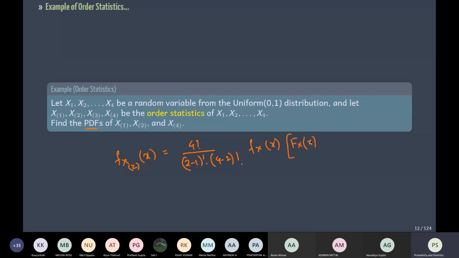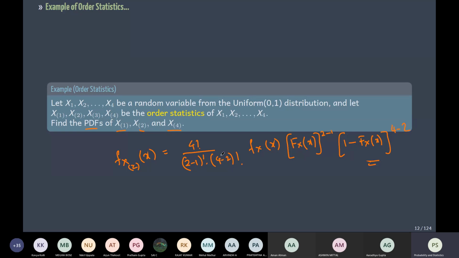You can leave it here. Obviously this is generic, so I can find it out for all of these.